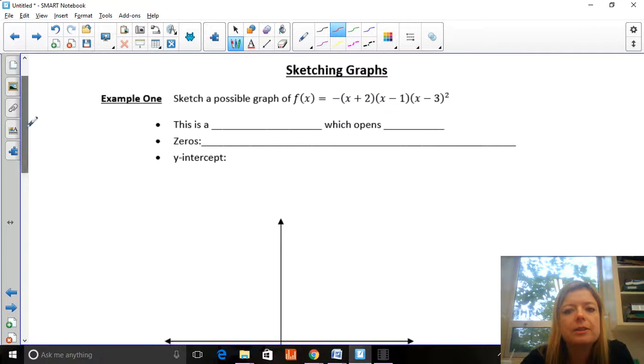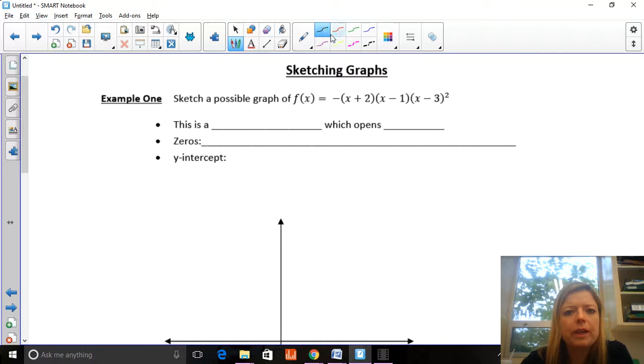All right, so when you sketch graphs, you're going to be given a function like this, so you can determine what the zeros are. You also need to look at the leading coefficient and the degree of the function to know the end behavior, and then look at the order of each factor to tell what the graph looks like at the 0.